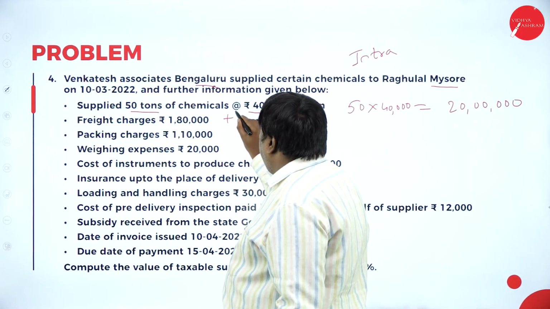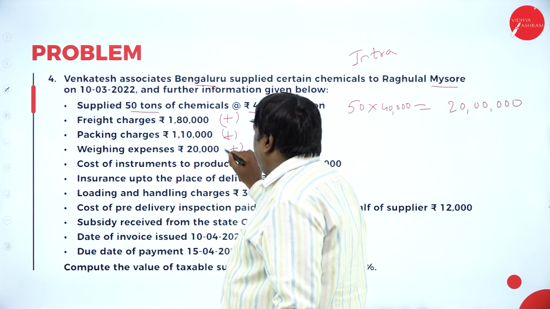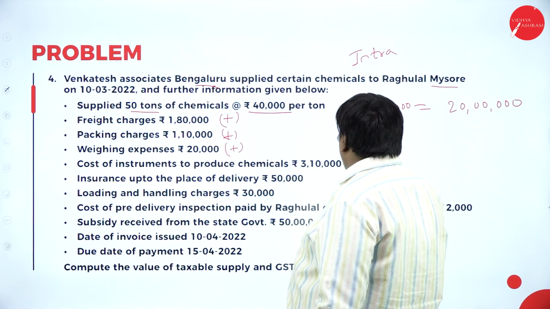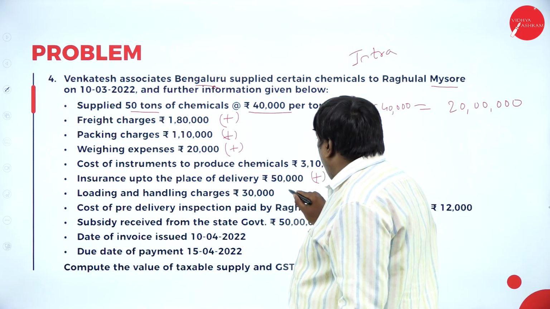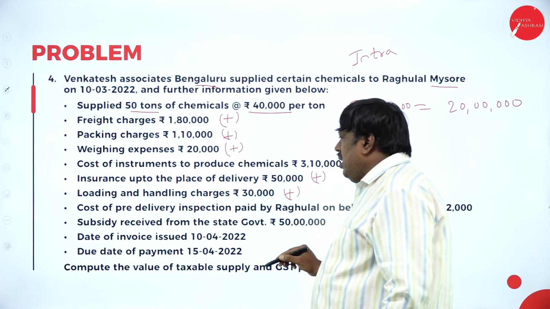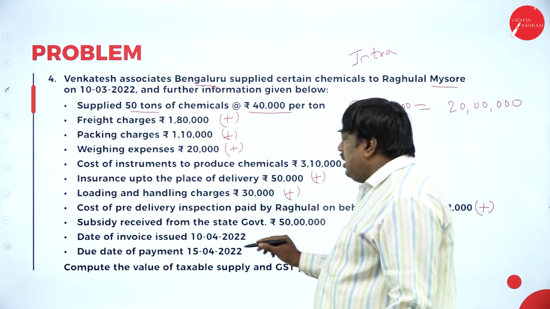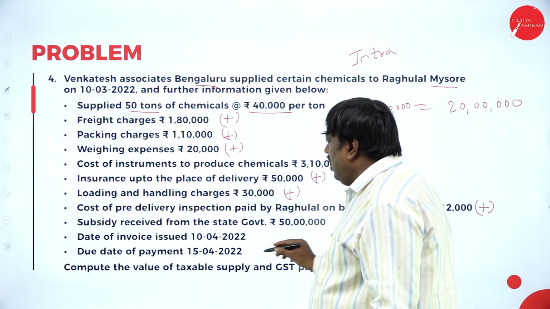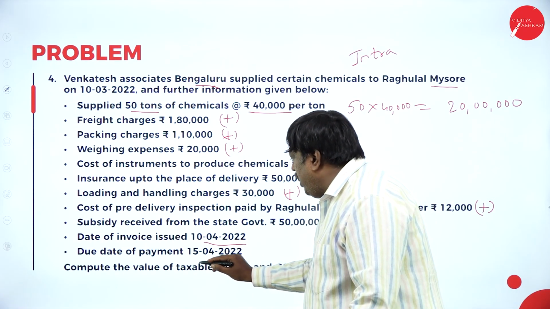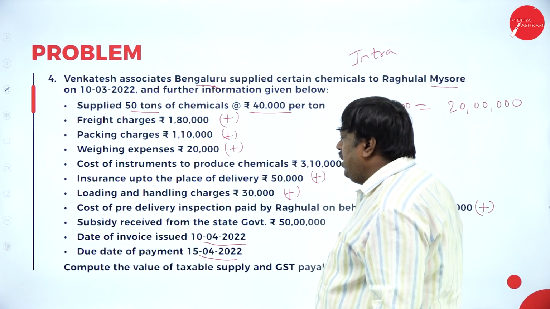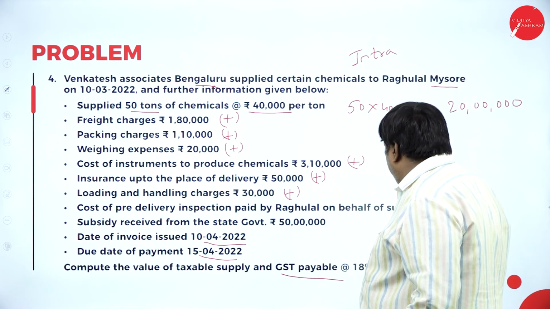Add freight charges, packing charges, weighing charges, cost of instruments, chemicals, insurance, loading and unloading charges, cost of 12,000, subsidy received from the state government. Date of invoice issued was 10/4/2022, due date of payment is 15/4/2022. Compute the value of taxable supply with GST payable 18%.